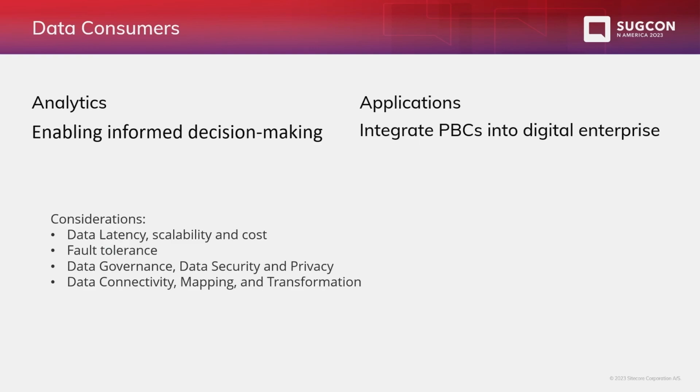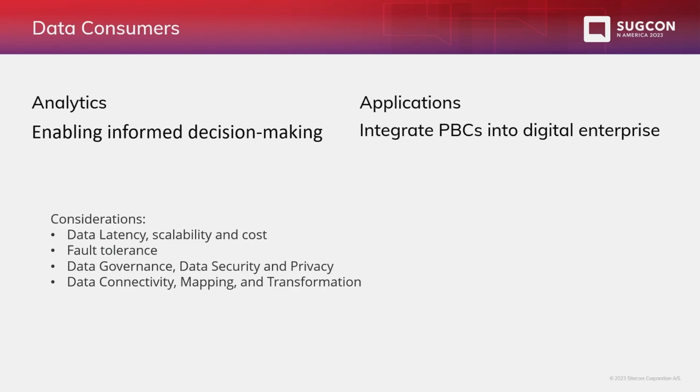Data latency is an extremely important consideration, where we might have two different capabilities on different clouds that need to share data between each other. Or we need to think about scalability, cost, and fault tolerance. What if one of the packaged business capabilities goes down? What happens to our enterprise?